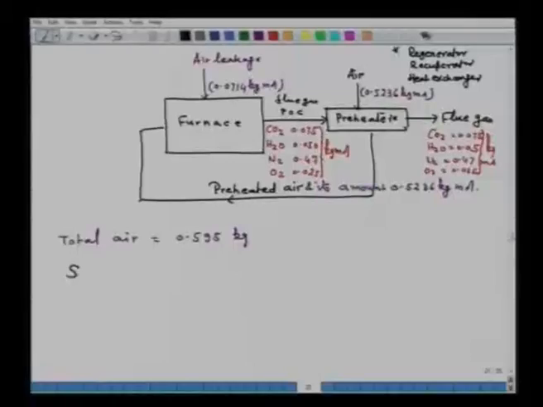So, if I calculate now the sensible heat in POC, the values I have already given. If I substitute all these values, then the sensible heat in POC comes to be equal to 7073 kilocalorie.